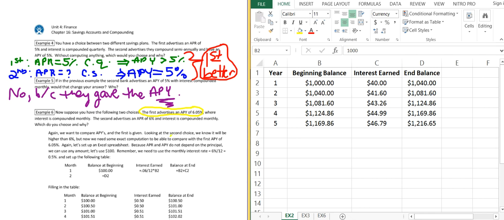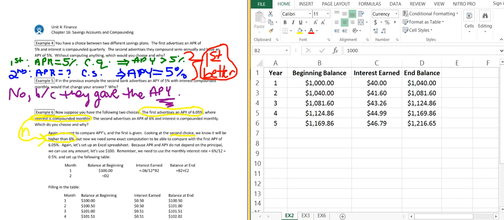In the second choice, we just know that the APY is going to be a little higher than 6%, and that is because interest is compounded monthly. So we know its APY is going to be a little bit higher than 6%, but we don't know how much higher.